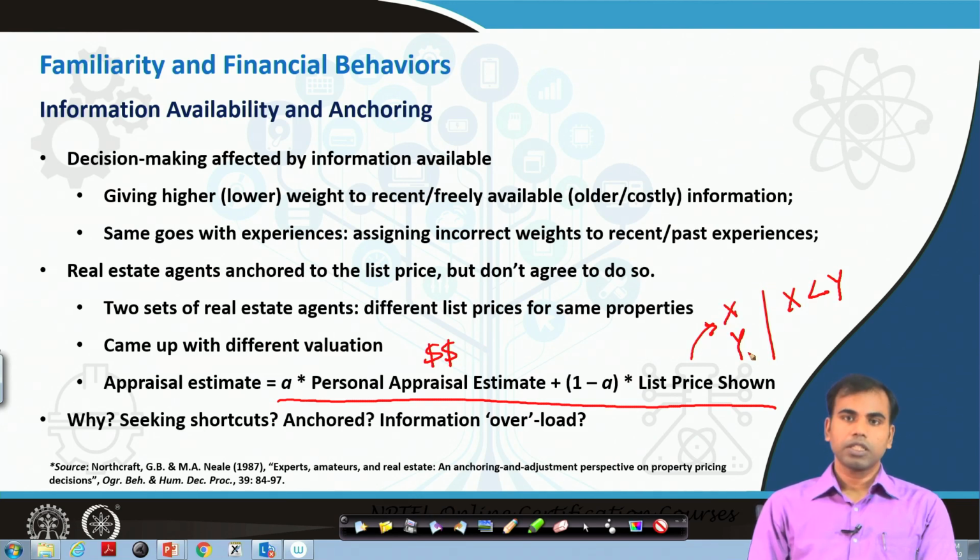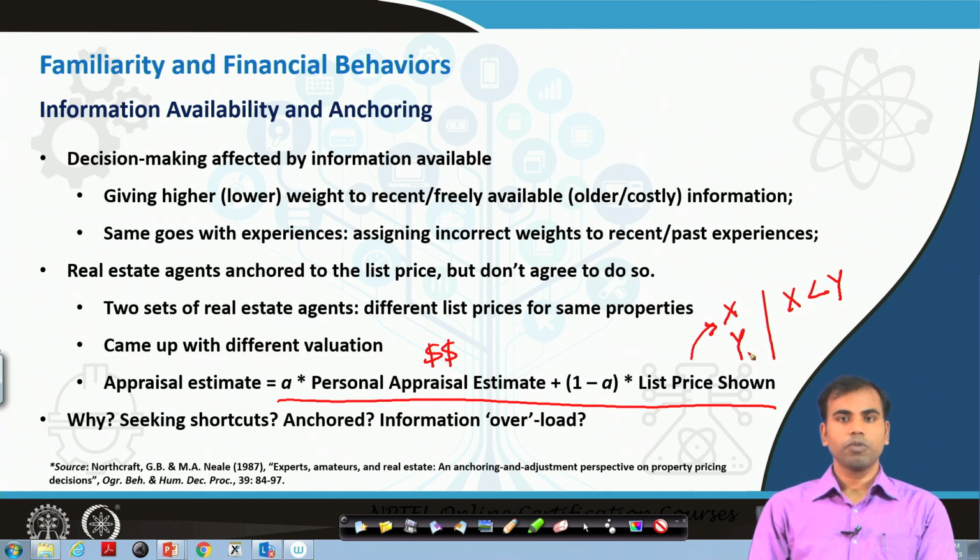So, this experiment indicates that if you are given some task or assigned some problem where you have to make a decision about, let us say, investment or finding the value of an asset, your decision would be affected by the information that is available to you.